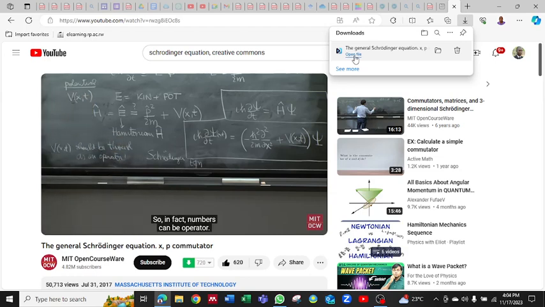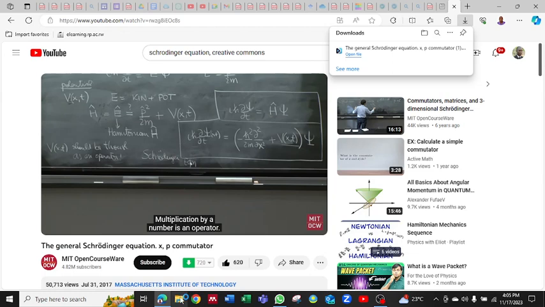So, in fact, numbers can be an operator. Multiplication by a number is an operator. It acts on every function and multiplies it by a number.